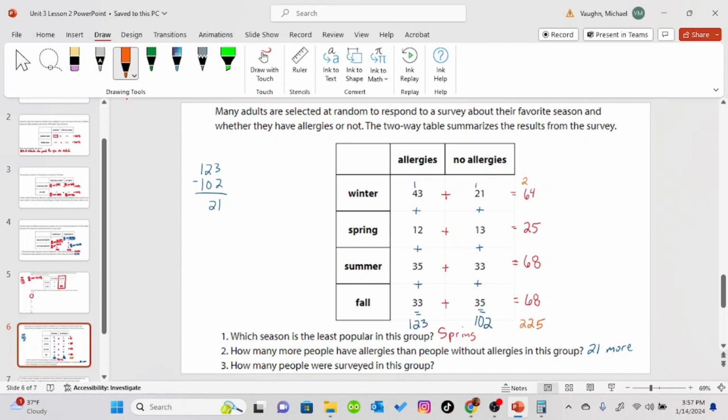So adding down, we get 225. And if we add across, 123 plus 102 would also be 225. So this means 225 people.